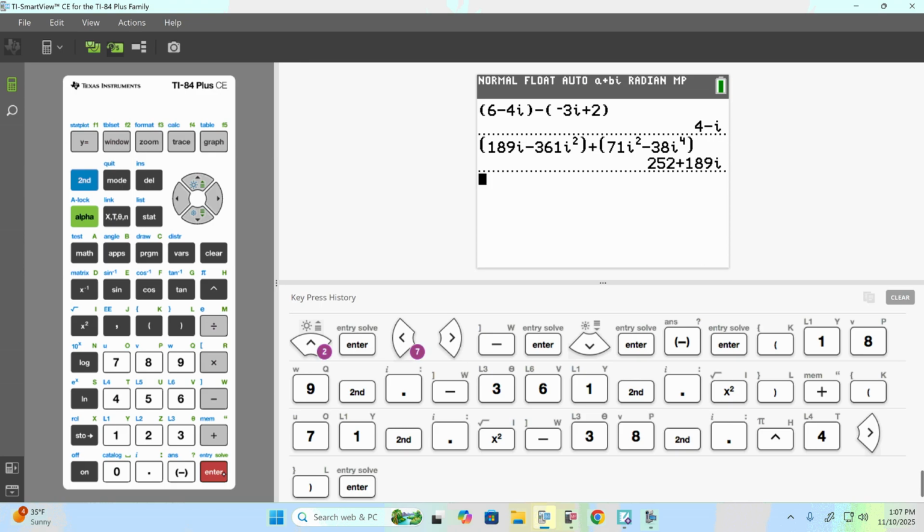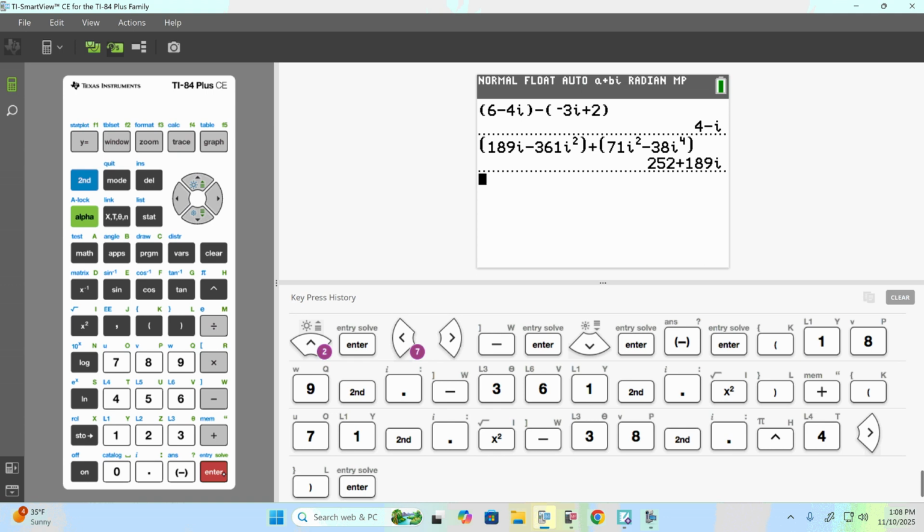And really, 189i is fine as it is. The negative 361i squared, well, i squared is negative 1. So the negative and negative make it plus 361. 71i squared is going to make it negative 71 because i squared is negative 1. And the negative 38i to the fourth is 1, so just negative 38.